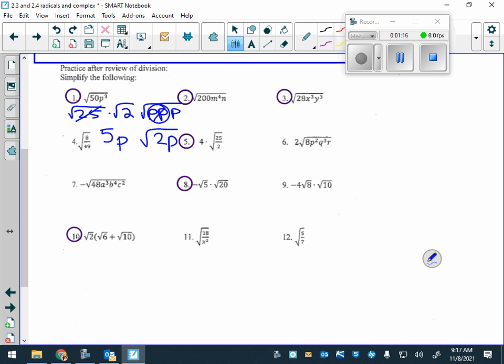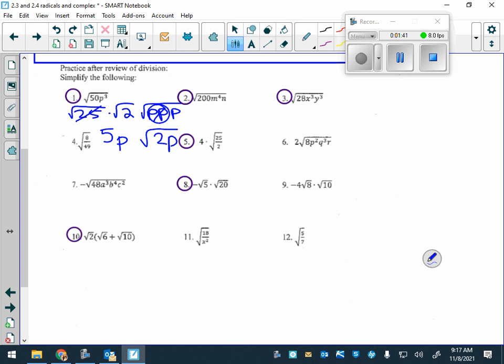Number 5, the 4 is on the outside, which some of you probably didn't notice. Okay, so 4 is on the outside. However, square root of 50 can be simplified to what? Yep. 5 root 2. So this is 5 root 2 over 2. This is over 1.